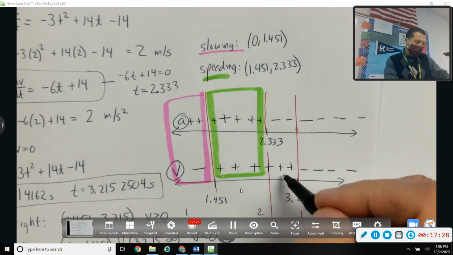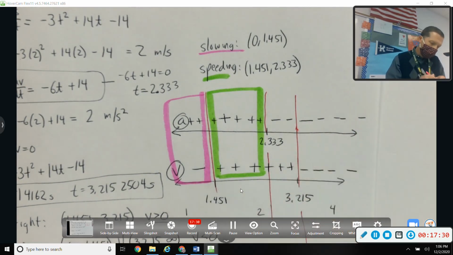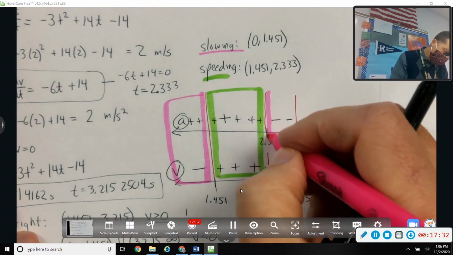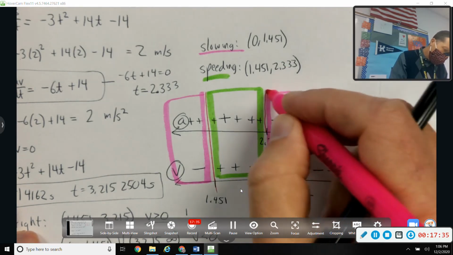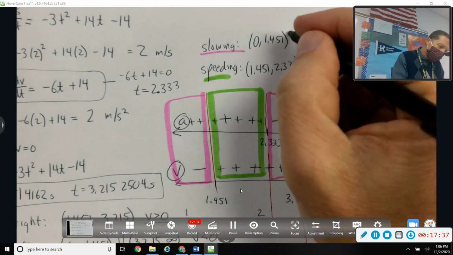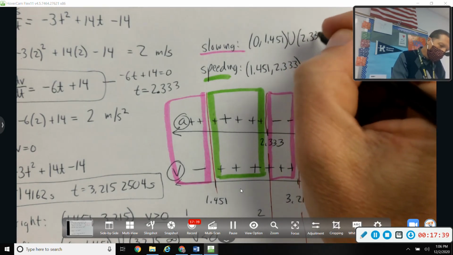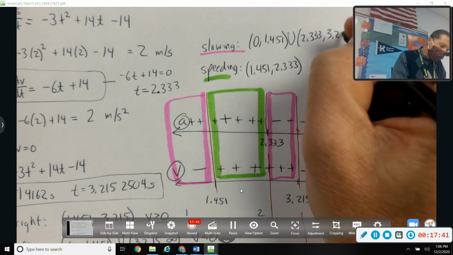Then the next little piece, they are different signs, so we're slowing down, from 2.333 to 3.215.